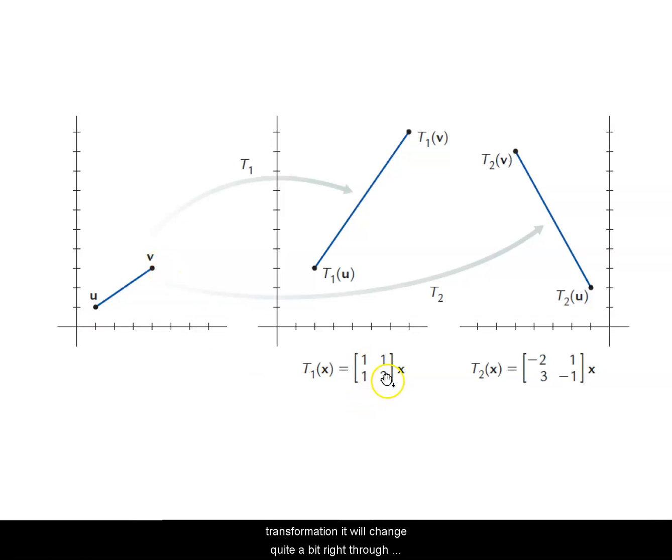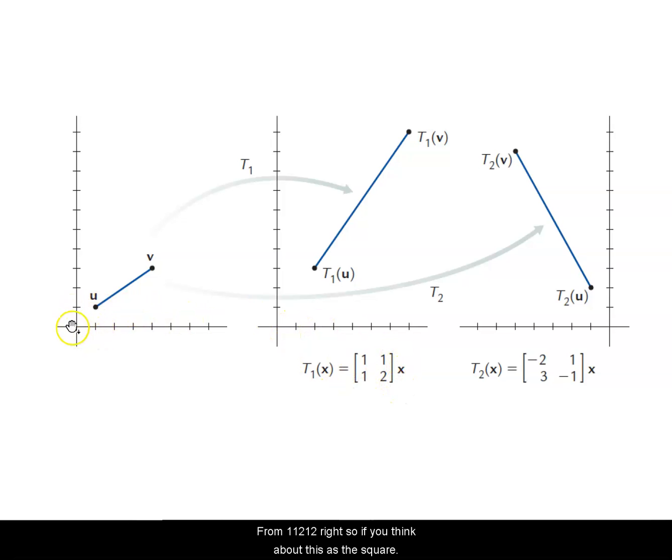So if you throw it into this transformation, it will change quite a bit, right? Remember, vectors don't have a starting point. I think an easier way to look at this transformation is to look at the vector u. Even though you don't see a vector here, this vector u is 1, 1. And if you throw it under here, then u will be transformed from 1, 1 to 1, 2, right?